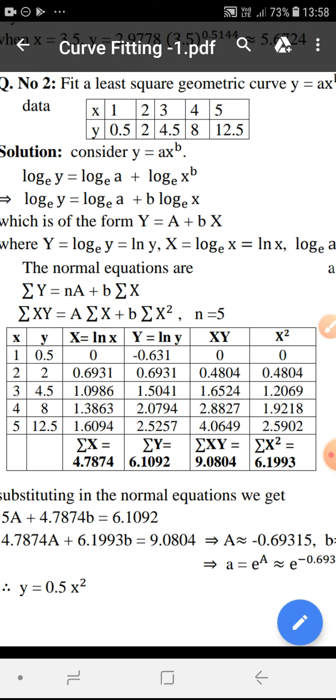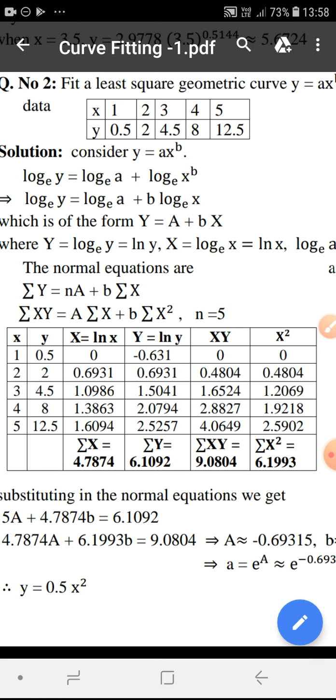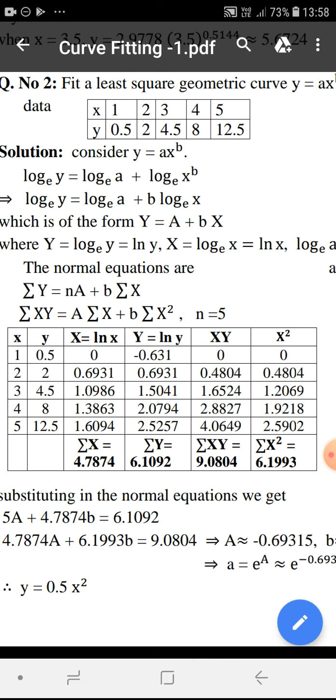Remember, it is not log x to the base 10, it is log x to the base e, so in the calculator it is ln x. Once you get all the entries in the table, you can find the sums: summation X, summation Y, summation XY, and summation X square. Once you get all these sums, you put them in the normal equations.